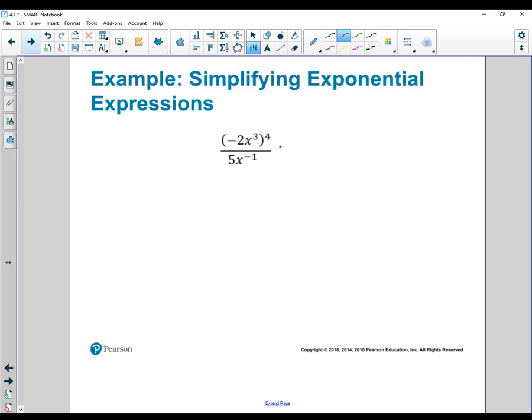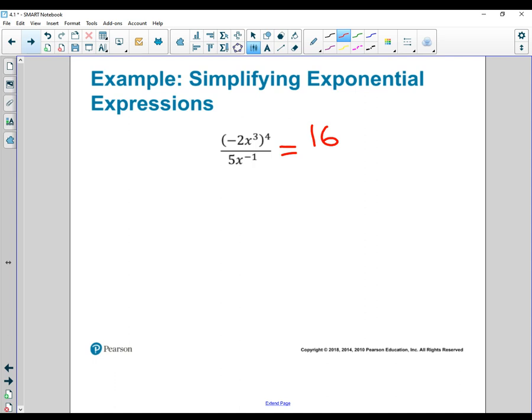All right, what does negative 2x to the 3rd to the 4th turn into? What's negative 2 to the 4th? 16? Positive 16 or negative 16? Positive 16, because this negative 2 is in these parentheses, so when you times negative 2 by itself 4 times, you're going to get positive.